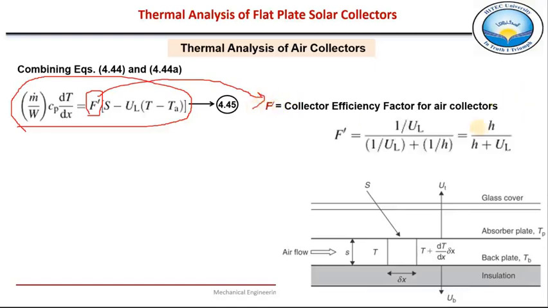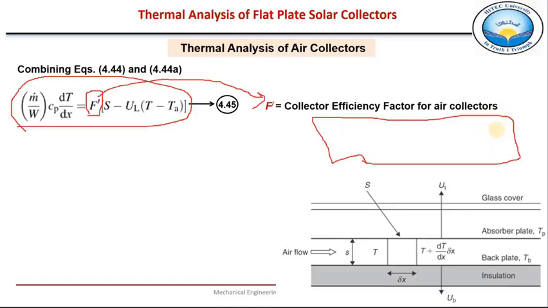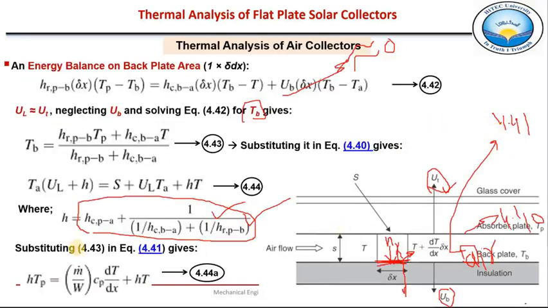And what is this F dash? This F dash is given by this equation. This derivation is not mentioned here. But now we have a similar equation as we had for liquid flat plate solar collectors, but here F dash is given by this equation, where h, I already told you, is this one.